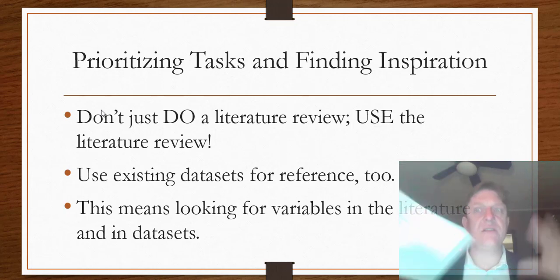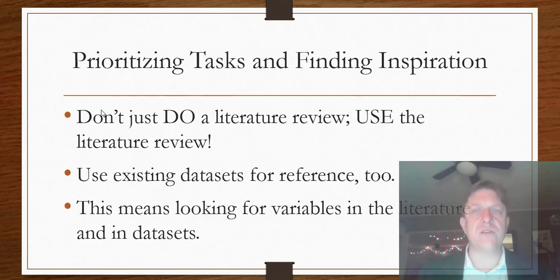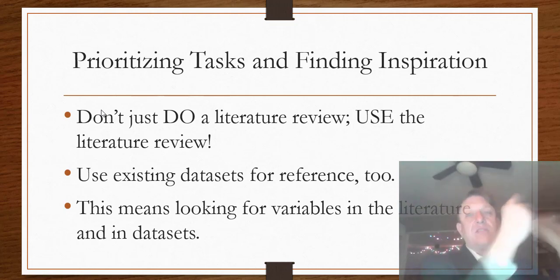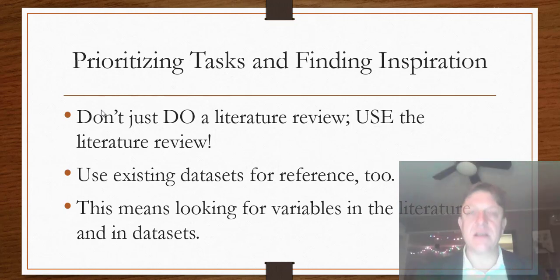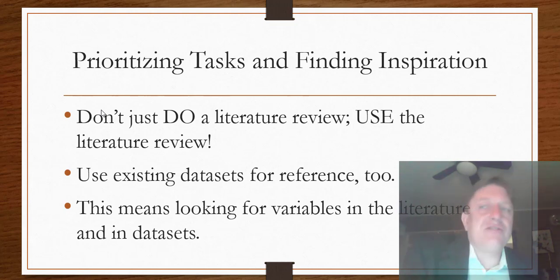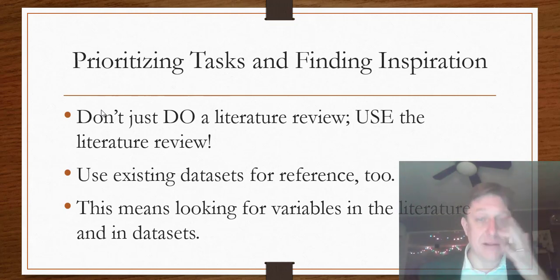Look for that literature. This is the time to find it before you do your study, because it should not just be something you do in order to have done it and then talk about things. It should inform your choices of variables. It should inform your hypotheses. And maybe you have a pet hypothesis that you want to introduce, great, but compare it to the other hypotheses.